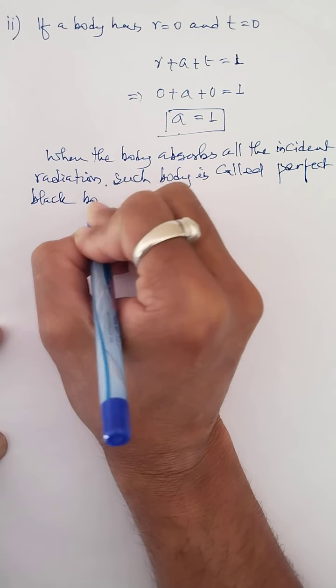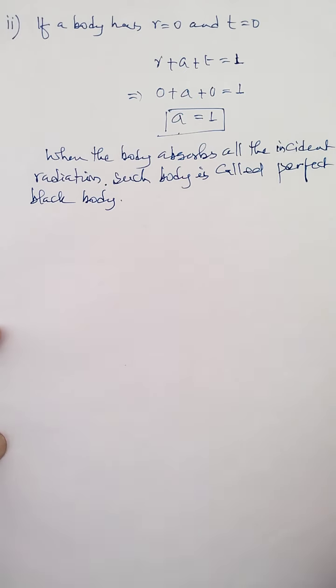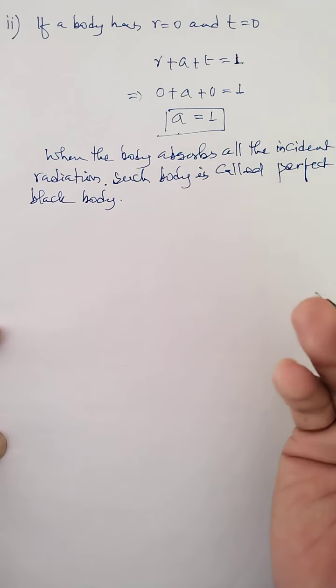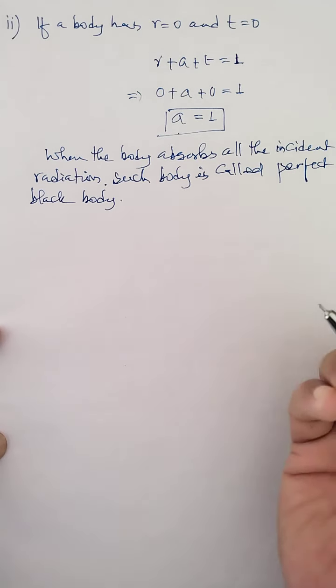A perfect black body is such a body that absorbs all the heat energy or thermal energy falling on it, so that the body neither reflects the heat energy nor transmits the heat energy, and such a body is called a perfect black body, also called a perfectly black body.